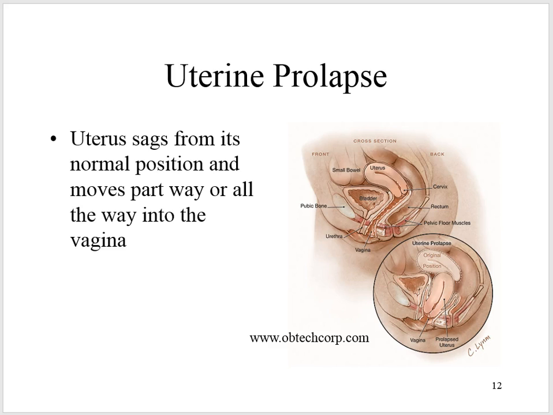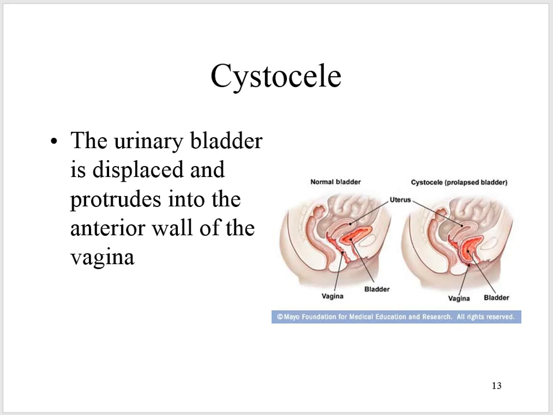This condition usually occurs after menopause when reduced hormone levels weaken the ligaments. A cystocele is when the urinary bladder is displaced and protrudes into the anterior wall of the vagina.